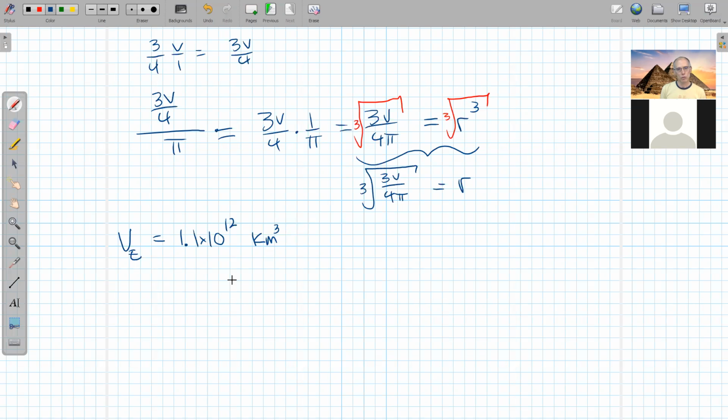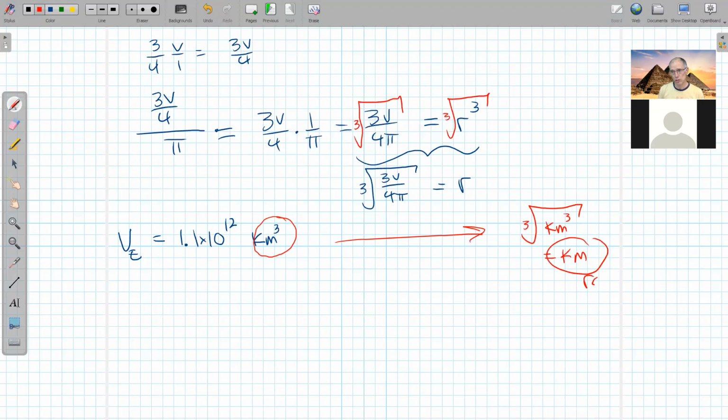Notice when we take the cube root of kilometers cubed, the cube and the root cancel, leaving just kilometers behind, which is good because we're trying to find the radius, which should be in kilometers. So the final answer will be kilometers, correct? Right, that's what I'm justifying here.